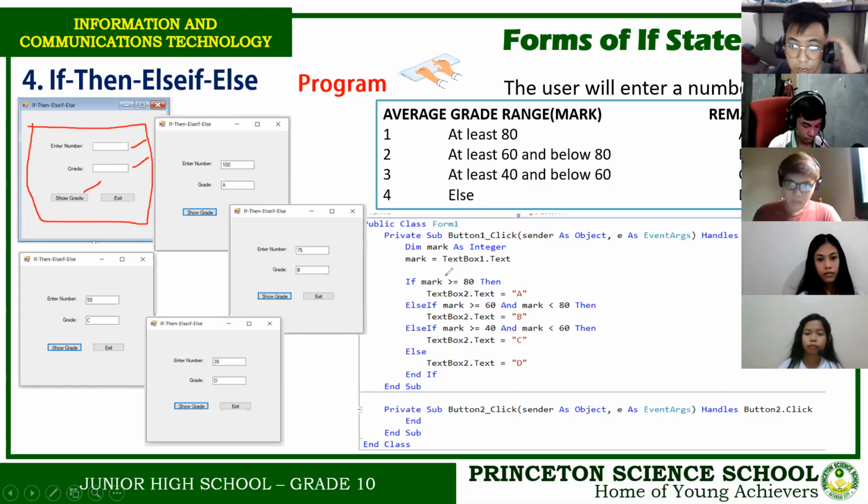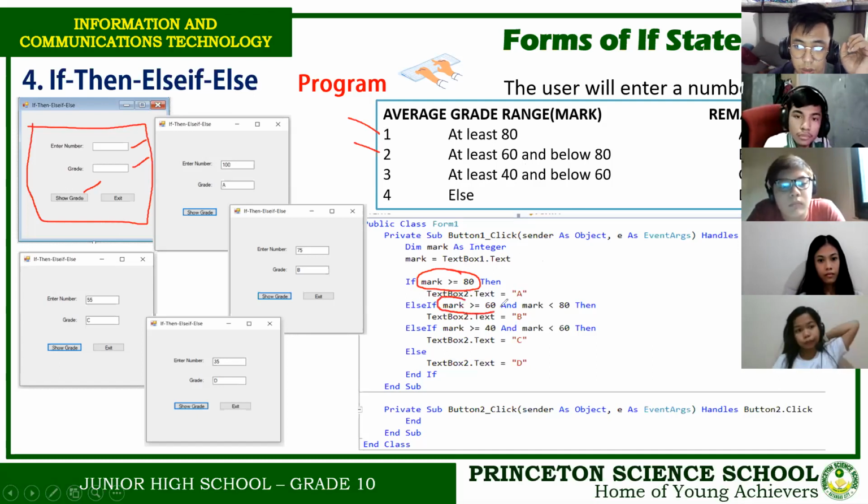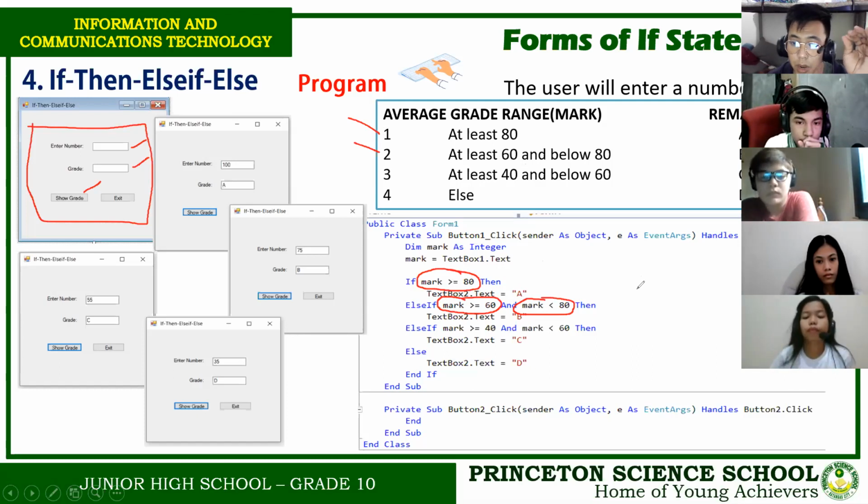Looking again here, same thing that you did in the example program earlier. For the first option, at least 80, the first condition is mark is greater than or equal to 80. Second condition, at least 60 and below 80, so mark is greater than or equal to 60 and mark is below 80.